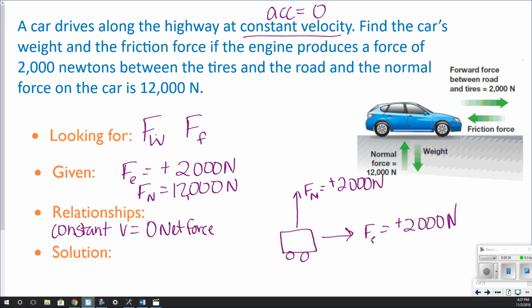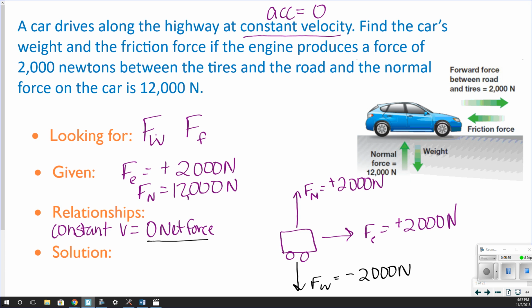If we want to have a 0 net force, our force going up, our normal force, must be the same as our force going down, our force of weight. They must be the same. However, we're going to add a negative sign because it's going in the opposite direction.